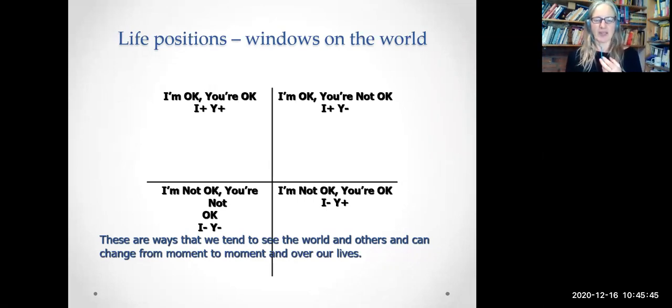So I'll run through this, and then we'll play around with it. If we were in the room, we'd be doing it collectively, together. So the top left: I'm okay, you're okay. You can see I plus, You plus, which is just an abbreviation of I'm okay, you're okay. In this position, it means I can get on with things, like with COVID.